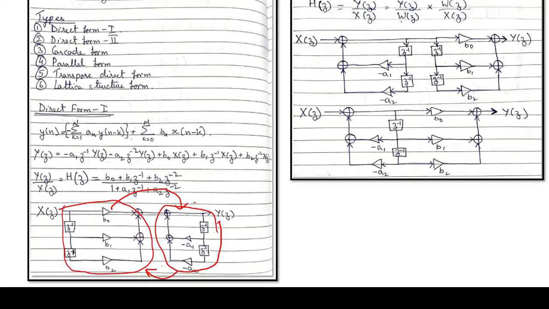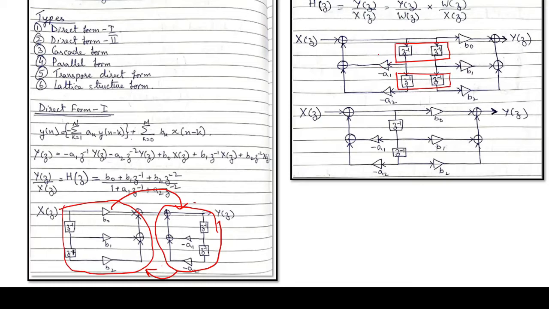Now why do we want to do this? We want to do this because if you look into these two values, what will happen?